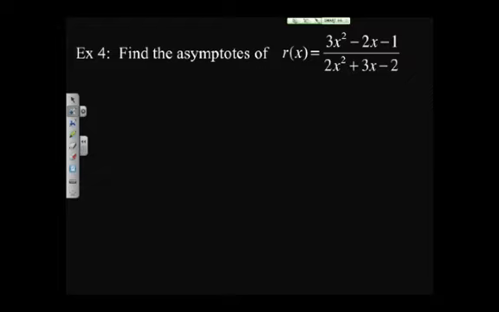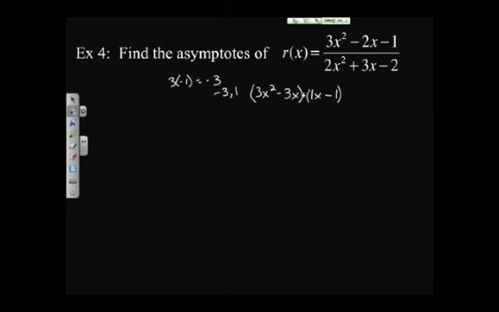So looking at the numerator, to factor that, we're going to take 3 times negative 1, and that gives us negative 3. We want to find factors of negative 3 that add up to be negative 2, and so that's going to be a negative 3 and a positive 1. Then we're going to rewrite this thing, 3x squared minus 3x plus 1x minus 1, and then we factor by grouping.